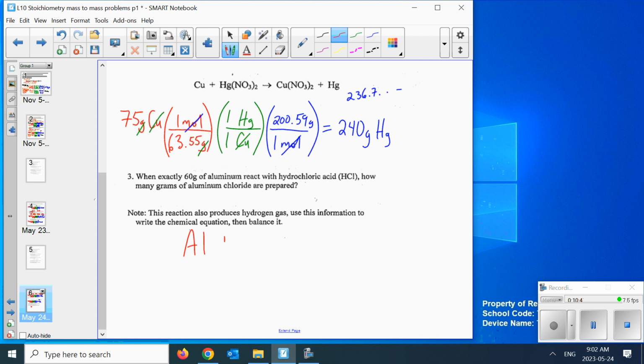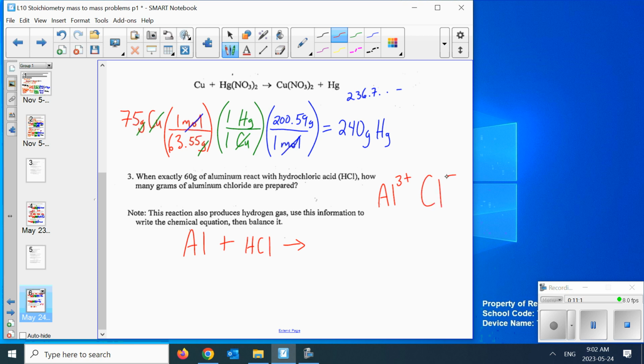Aluminum, that's the element. It reacts with hydrochloric acid, HCl. Aluminum chloride is prepared, okay? I know aluminum in a compound will be 3+, because I use my ion table. Cl with a minus.